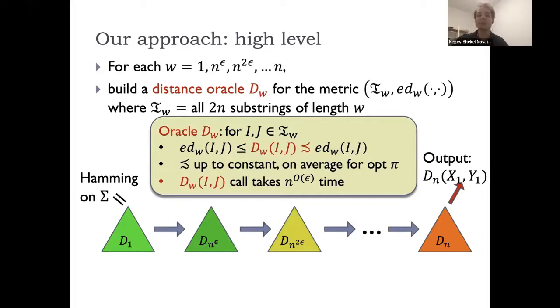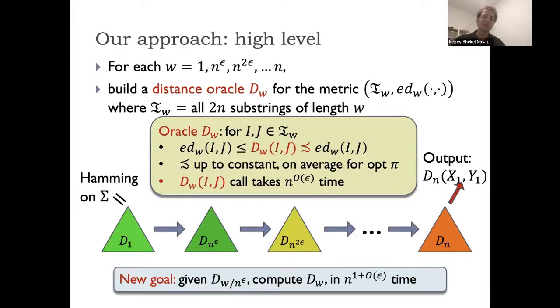So for any alignment, we show that this distance oracle will output the right amount on average and always an upper bound. The other thing we guarantee is that for any length w, we can do this much faster than even linear time. We do it in n to the epsilon time, even for very large w's. So for any w, this distance oracle takes n to the epsilon time.